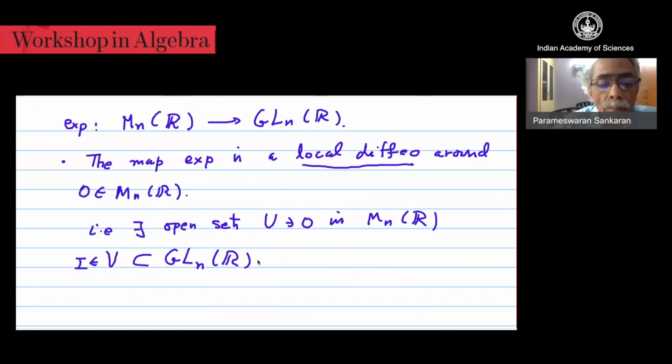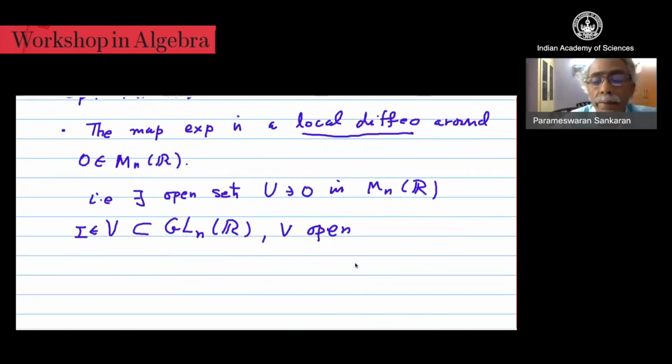Such that, let me write, x goes to e power x. Think of this as a map from U to V defined as follows.